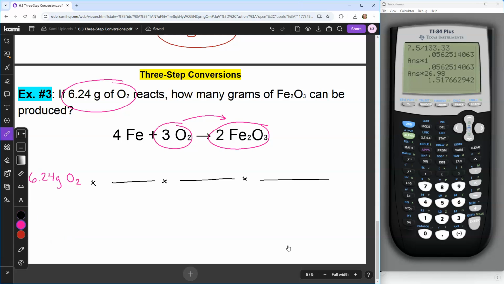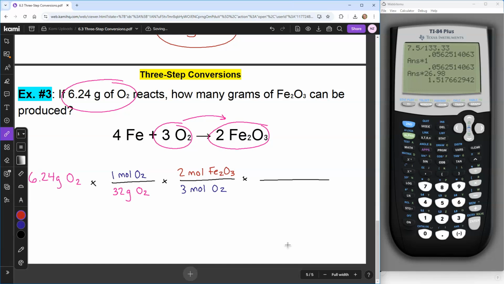All right, so oxygen is 32 grams per mole. That's how many grams are in 1 mole of oxygen. And then we move on to a mole ratio. So for every 3 moles of oxygen, we have 2 moles of iron oxide.